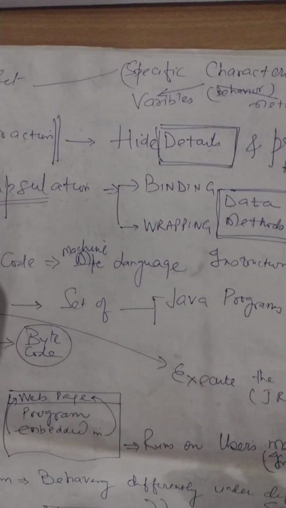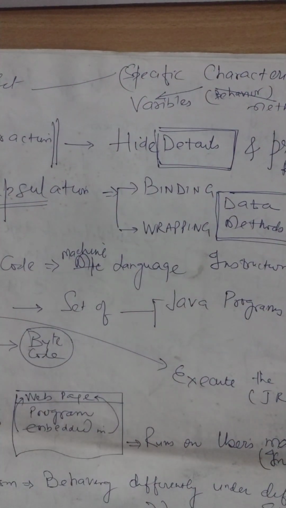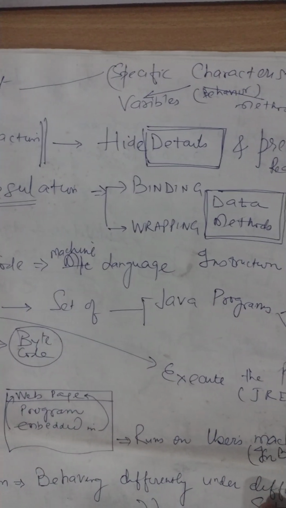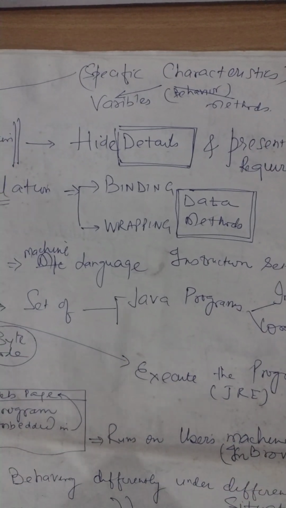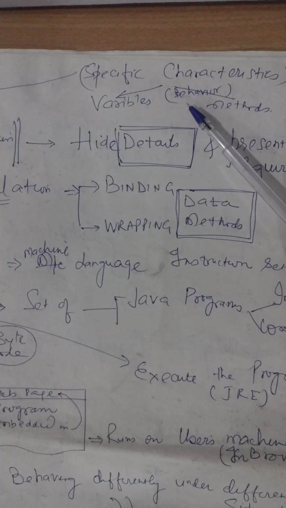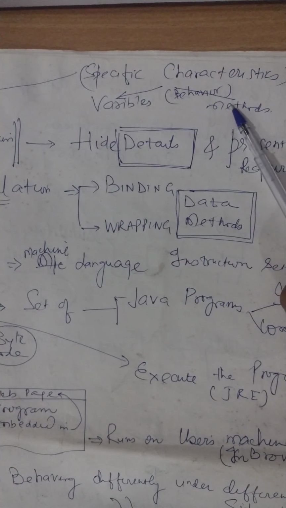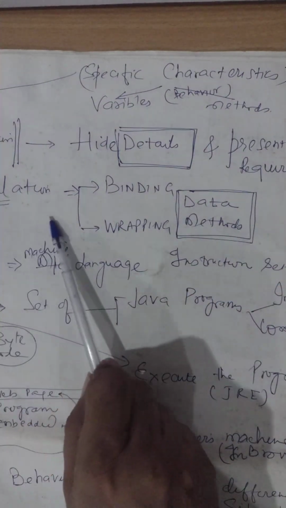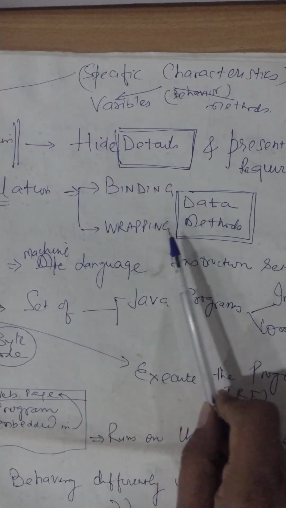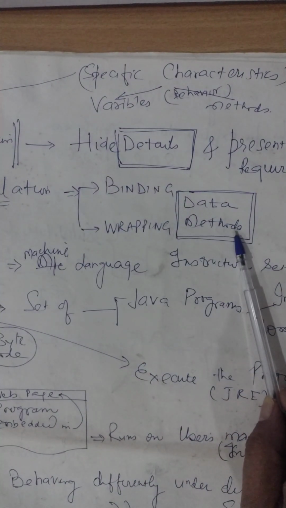So you can see here the notes is being written so that it becomes very easy for anyone to remember it, right? So if you see, object has specific characteristics. These are the variables, these are the methods, so like that. Encapsulation is binding and wrapping. It has the data and methods.